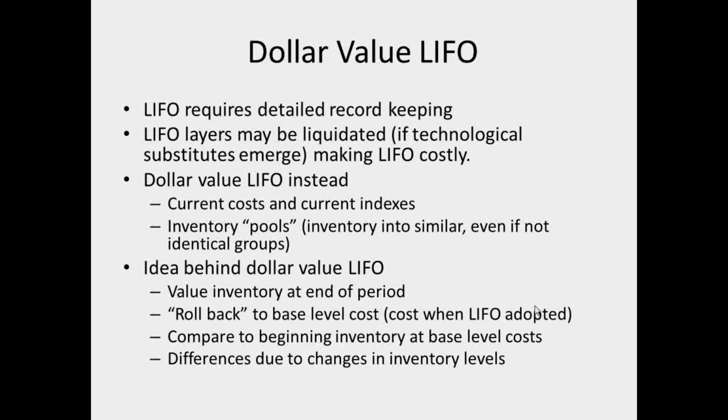So they'll put all TVs into the same category, and figure out whether we have more or less than in the previous year, based solely on how much the value of the units is today relative to what it would have cost us in the previous year. This is the idea behind dollar value LIFO.